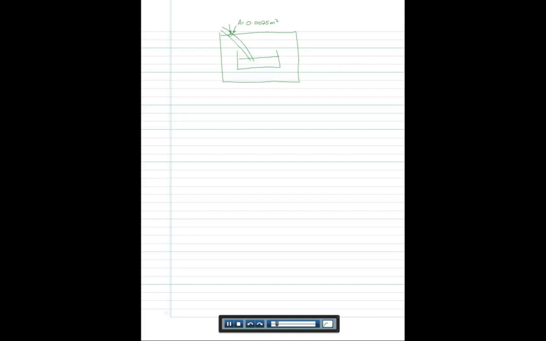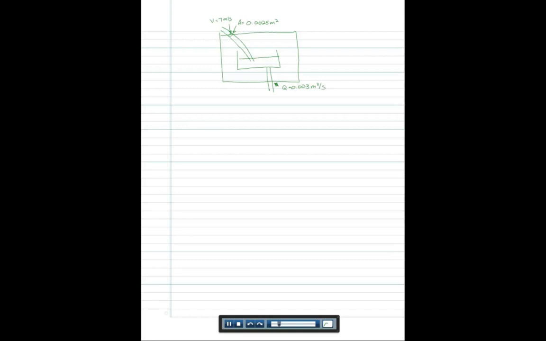We also know that the velocity where it does that is 7 meters per second. That is the velocity of the jet as it enters the tank. The tank is also leaking, and it has a volumetric flow rate out of 0.003 cubic meters per second.